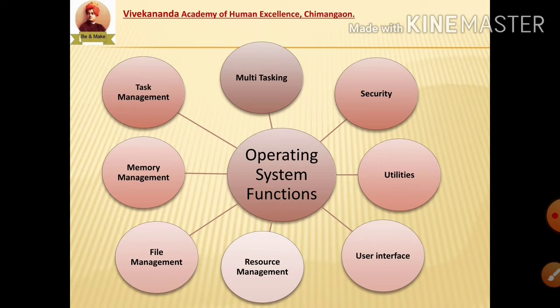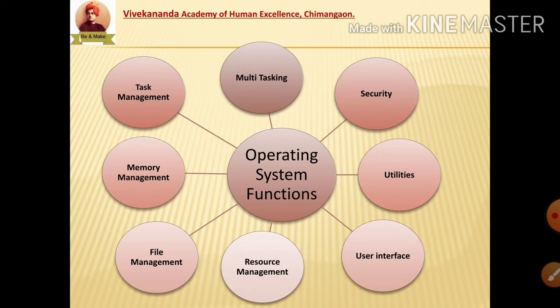So now let us learn the various functions of operating system. In this diagram, I have shown you the various functions which are performed by the operating system. The first function done by the operating system is task management. Operating system is used to perform different tasks at one time. The second function of operating system is memory management.